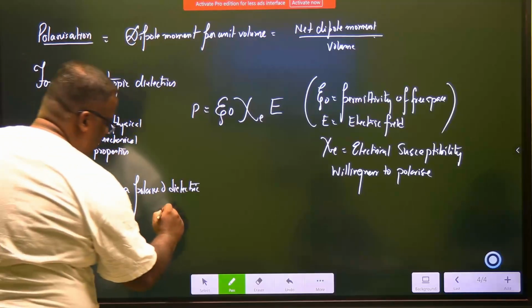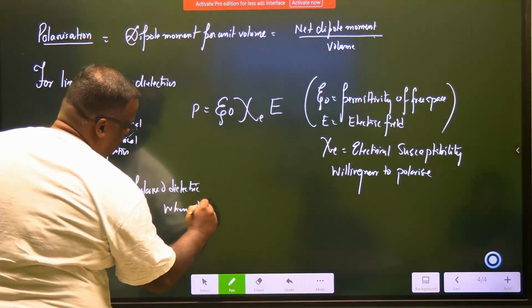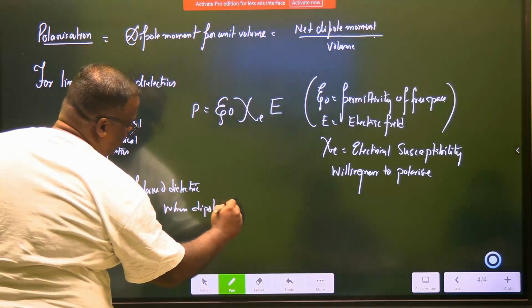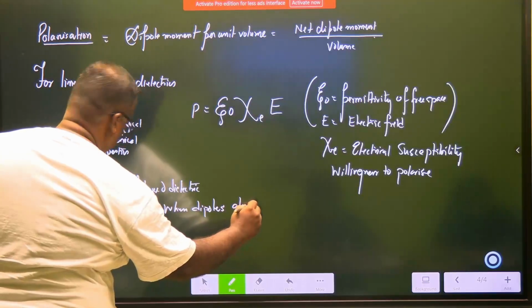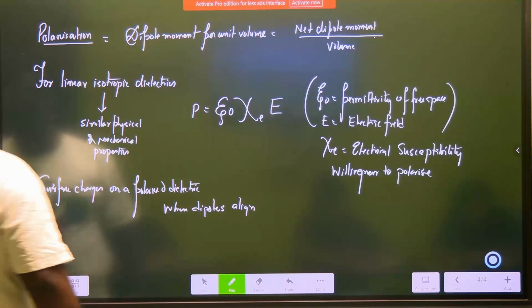So we write, since you're polarized, the dipoles align. When dipoles align, let's see what we are thinking.